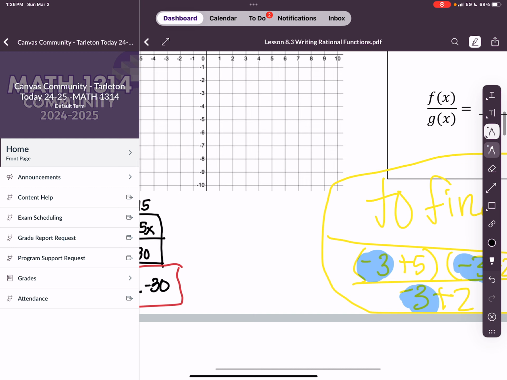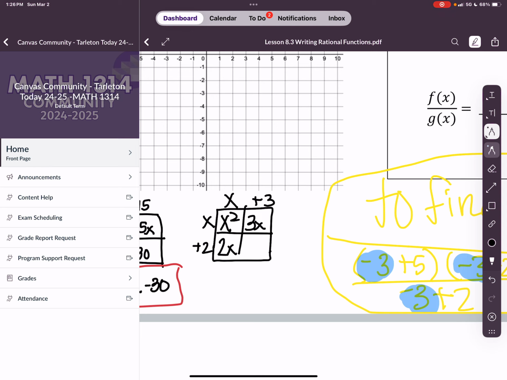So now I'm going to multiply x plus 3 and x plus 2. So I get x squared, 3x, 2x, and 6. Okay, so when I combine like terms, I get x squared plus 5x plus 6.